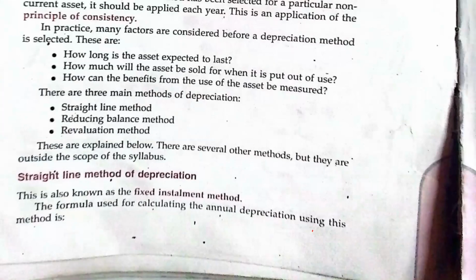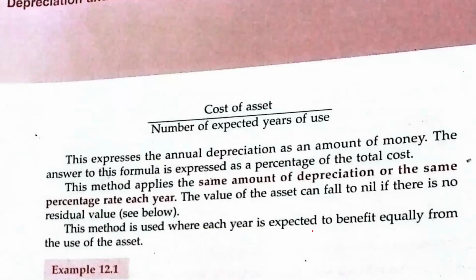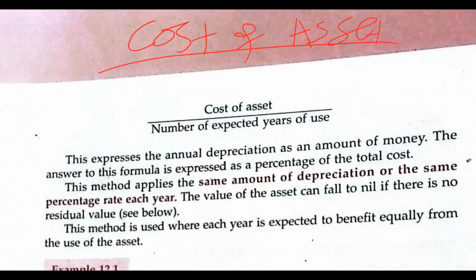And how do you calculate it? This is the formula that we use. It is the cost of the asset divided by the number of expected years of use.